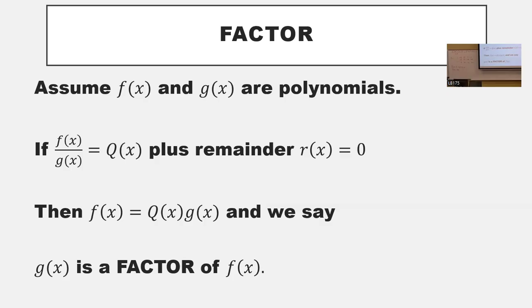Get that? So if we have remainder 0 when we divide, then f of x can be written as a product of two polynomials, where our divisor is one of the factors. So we call our divisor g of x a factor of f of x.